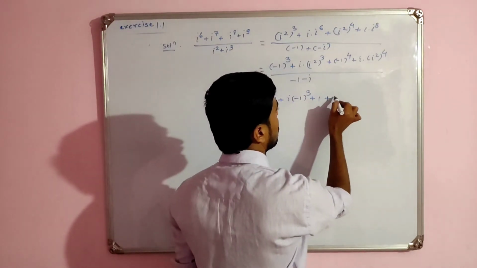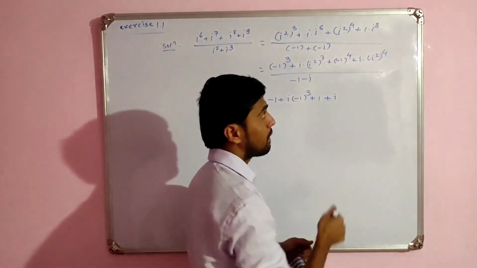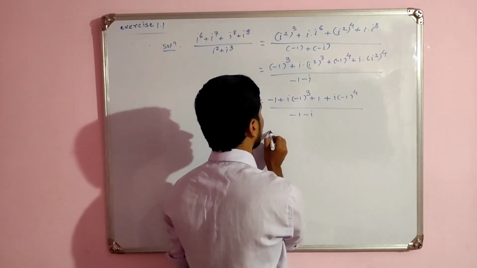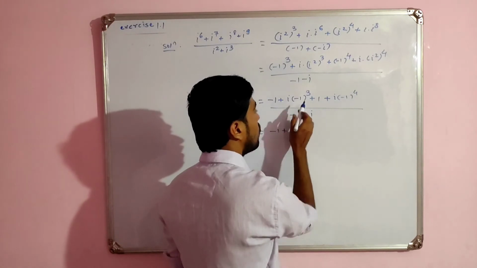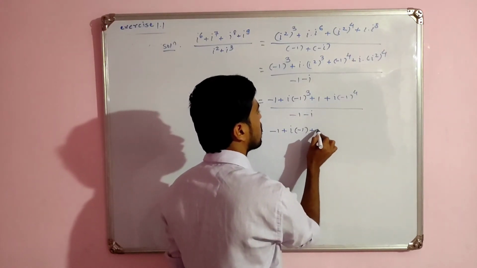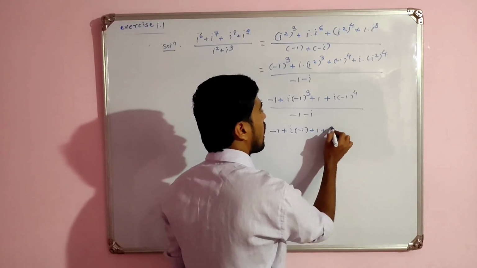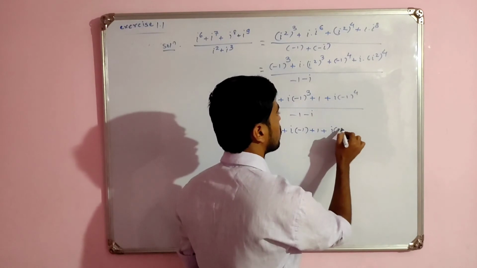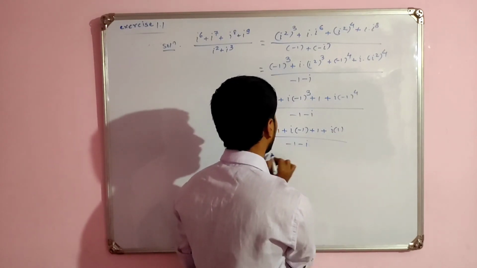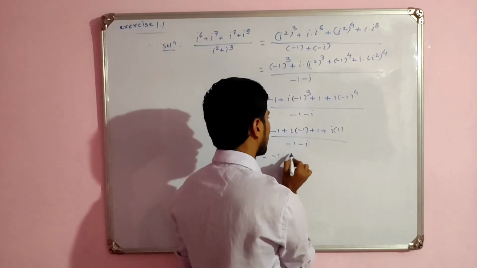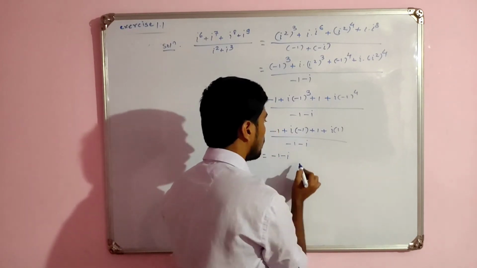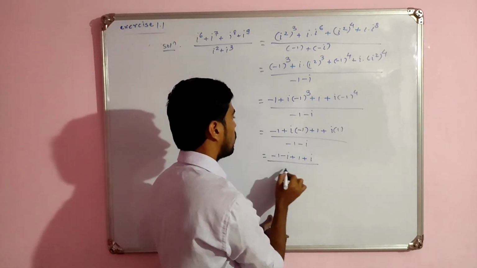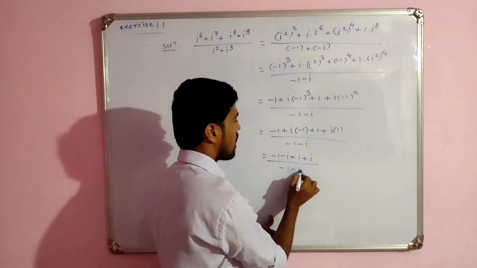+1 plus i into i square, its value is -1 raised to power 4, whole divided by -1 minus i, is equal to -1 plus i into -1 cube which is -1 plus 1 plus i, -1 to the even power, 4 is an even number, so even power which is plus 1, whole divided by -1 minus i is equal to -1 plus minus i plus 1 and i into 1 which is plus i, whole divided by -1 minus i.